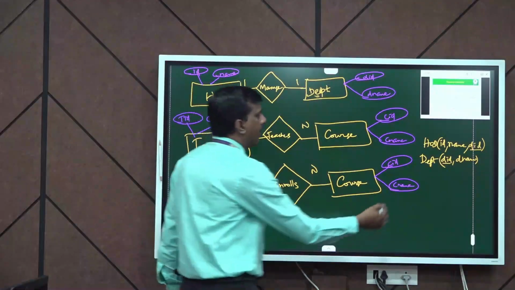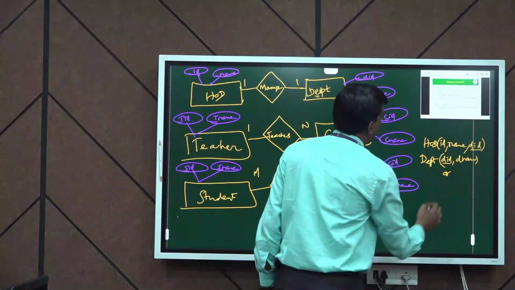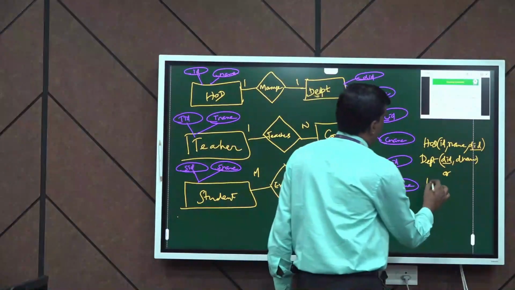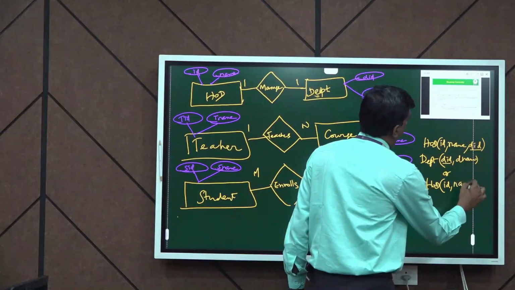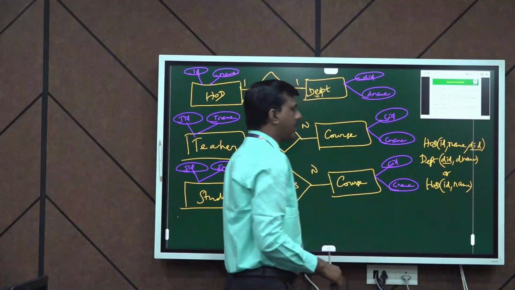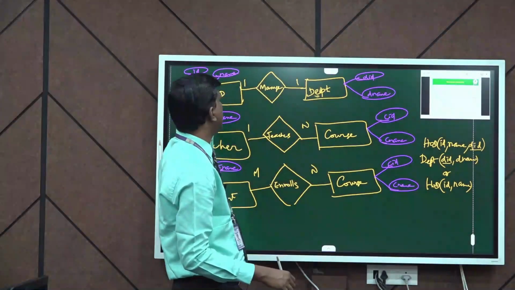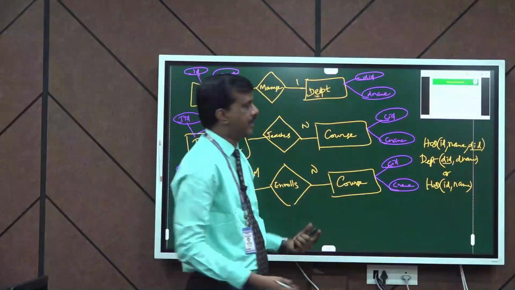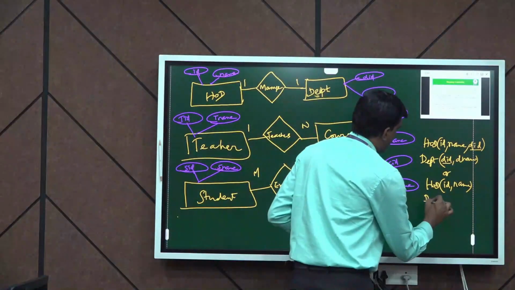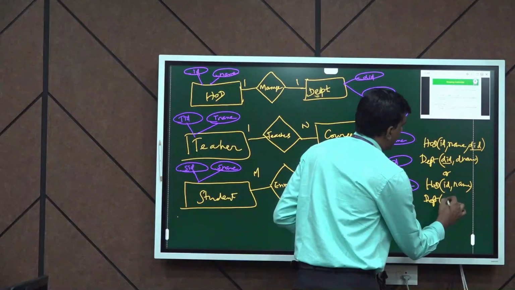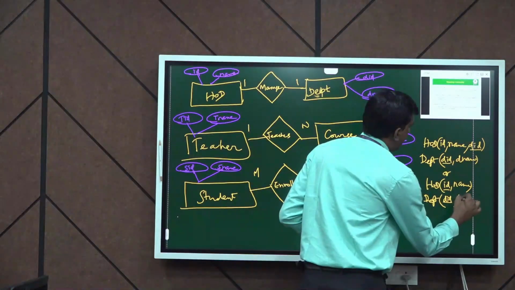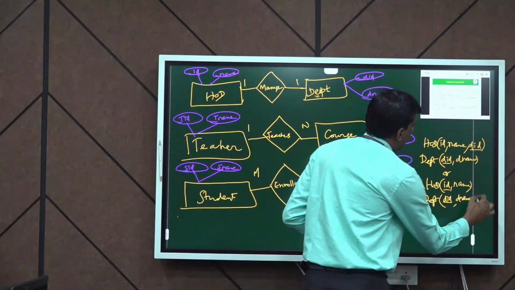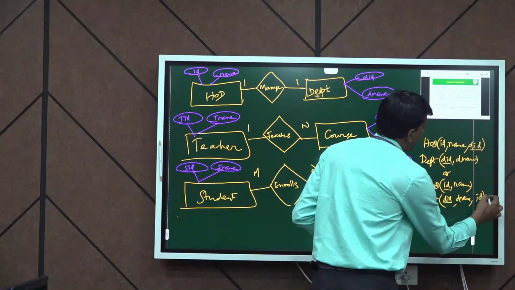One other possible solution we have is HOD with ID, name. Then we include this HOD ID into the department table: DID, department name, ID.